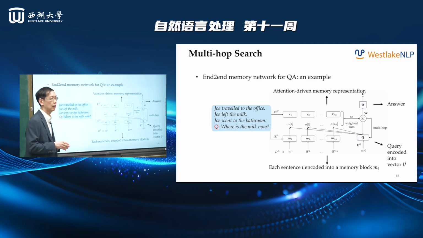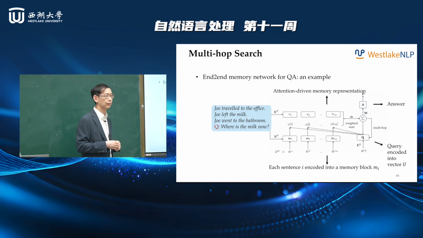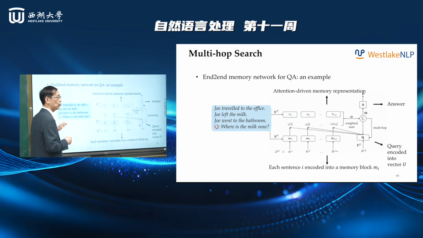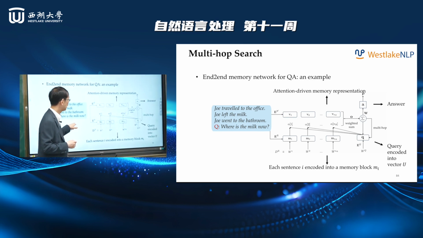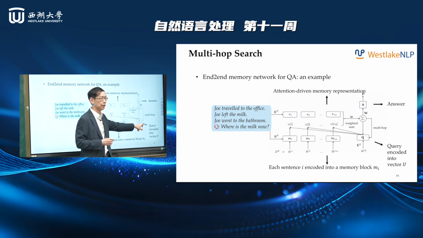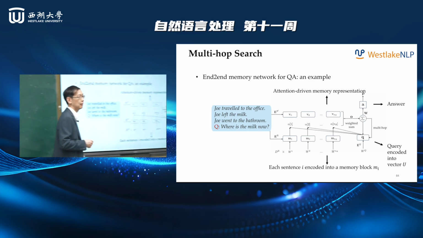And then what do I do? I do an attention of this passage representation over the question, to find a question-aware passage representation, V1, V2 until VN.